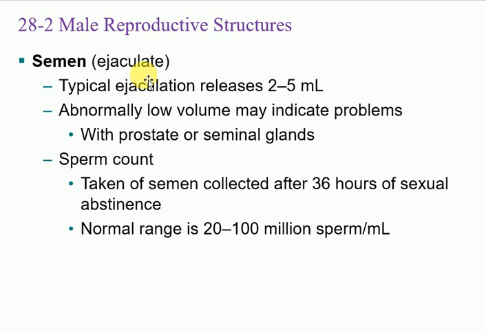We don't measure it per ejaculation. If there is a couple having an issue like infertility, where the lady cannot conceive, the first thing is, let's see the male first. Give us a semen sample, and let's look under the microscope. In 1 milliliter only, it should be 20 to 100 million.